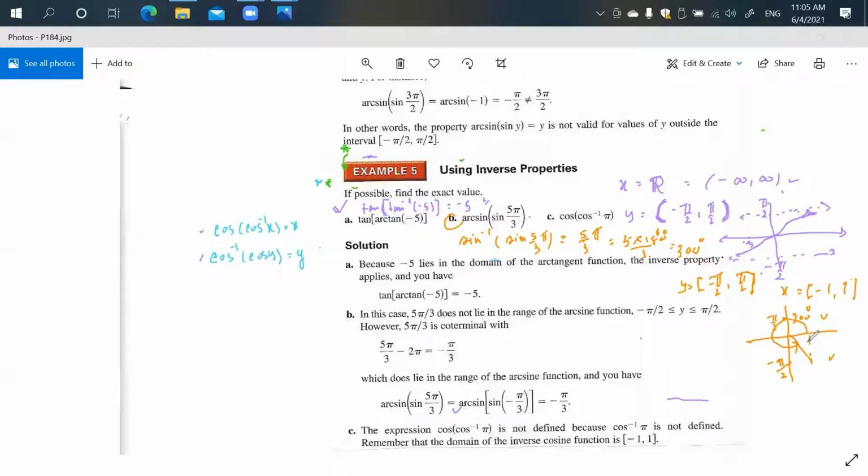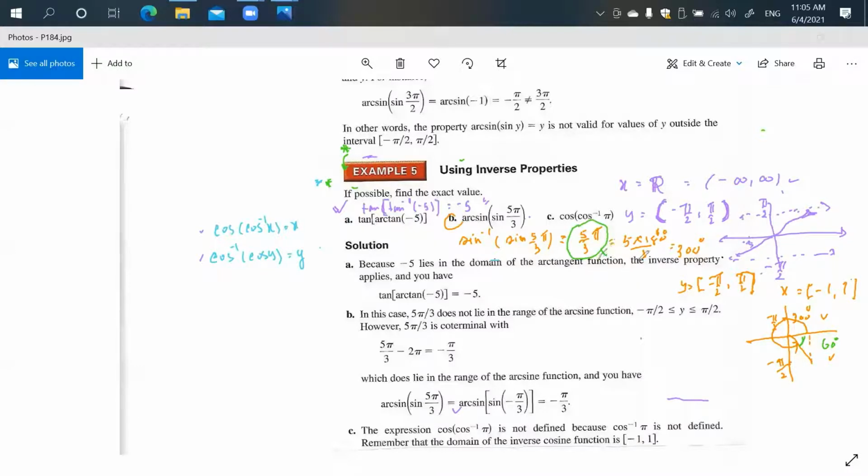So then this one is called coterminal. So this is 300, right? So the coterminal is 60, correct? 60 degrees. Then we can use this one because 60 degrees drops in the fourth quadrant.